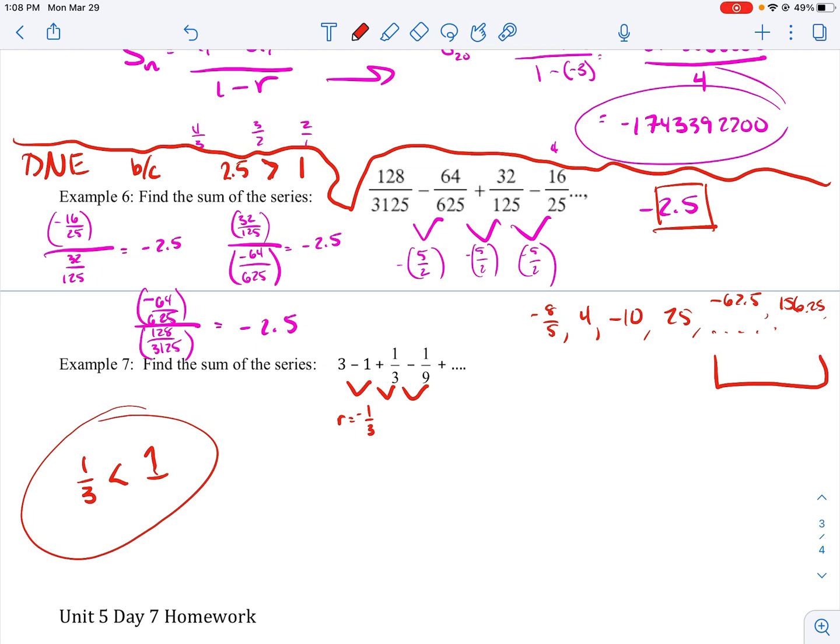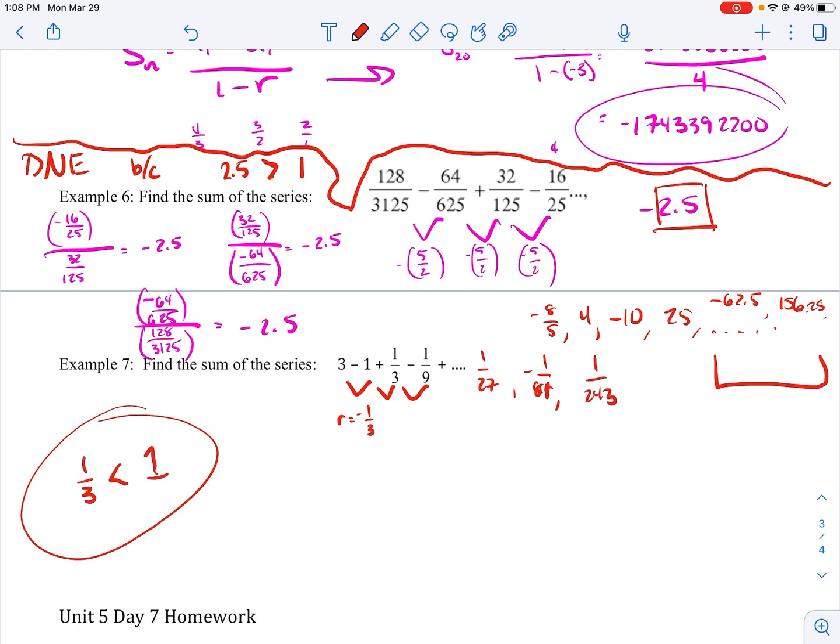Now we're down to 1/27. And then multiply that by negative 1/3. Now we're down to a negative 1/81. Times that by a negative 1/3, 1/243.